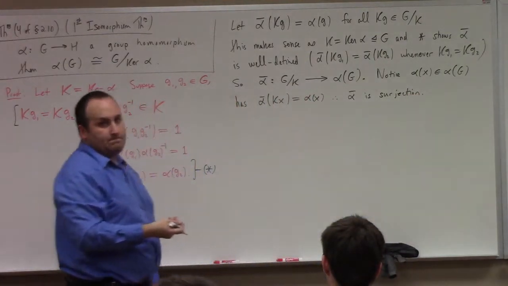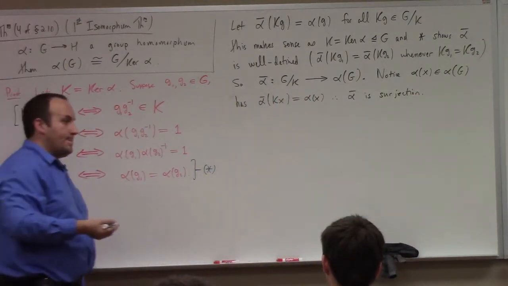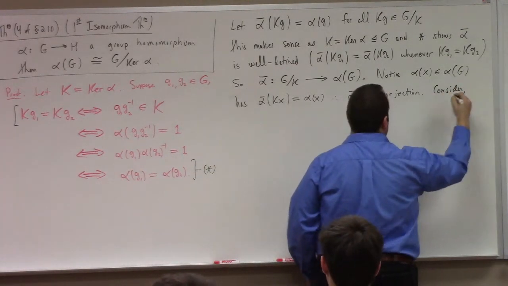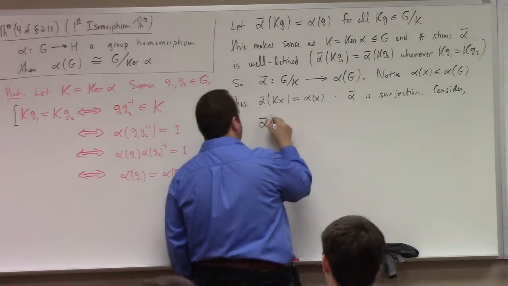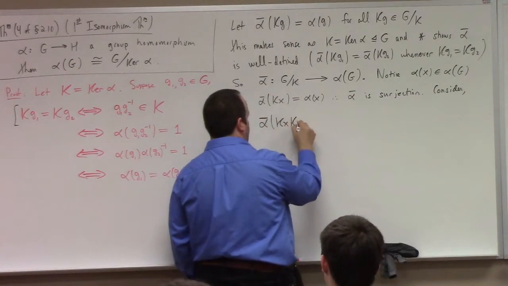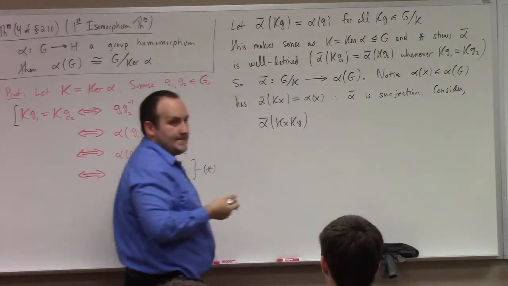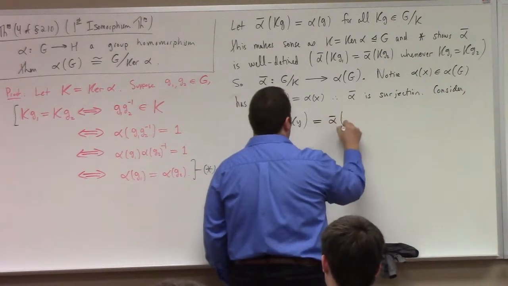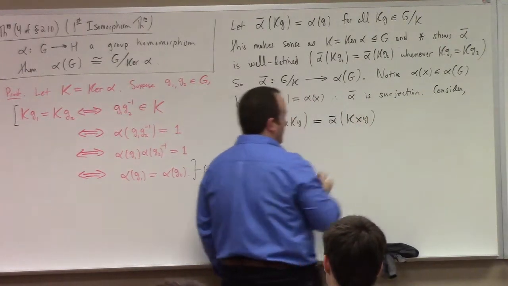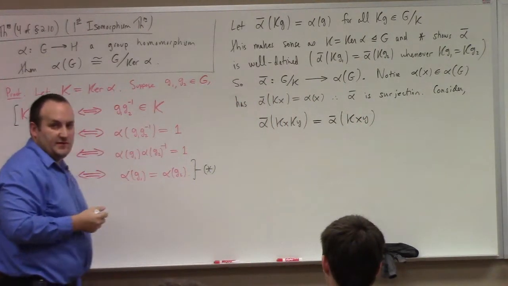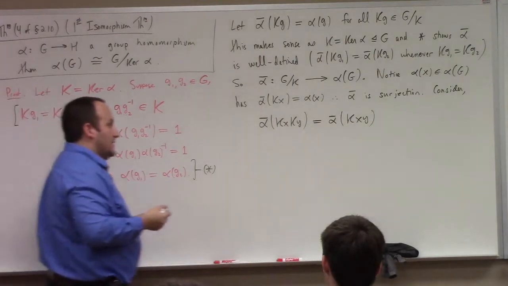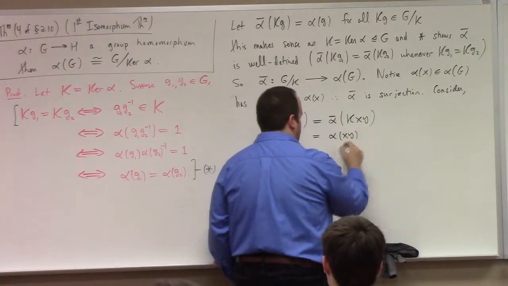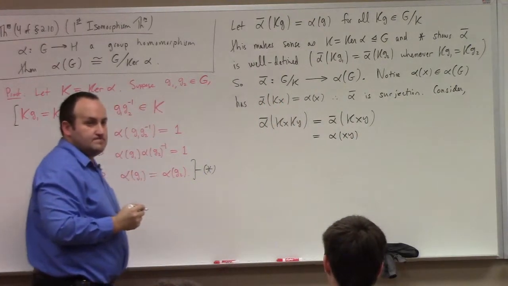Is it a homomorphism? What if we take alpha bar of kx times ky? What's that? That's alpha bar of kxy, right? By definition of multiplication in G by K in the quotient group. And then that is by definition alpha of xy, right?